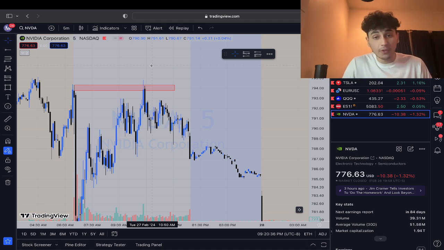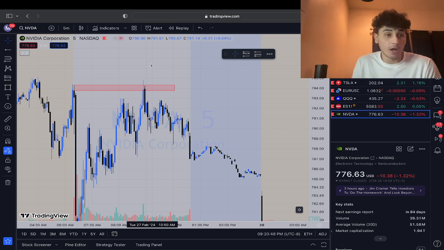And when we spot those things and get an idea of where it is, that better helps us understand where to trade, where to enter, where to exit, where to put our stop loss in case price does invalidate our entries.